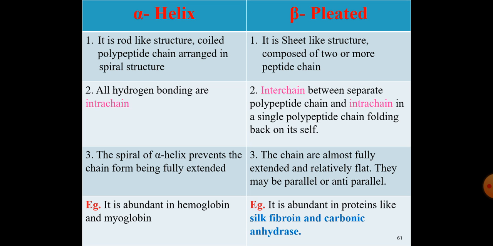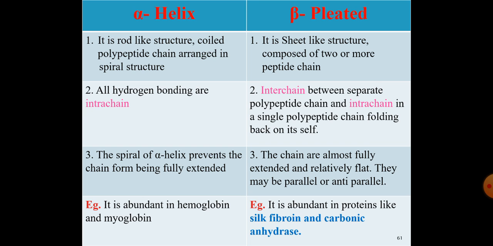There is another difference: spiral or helix. The alpha helix prevents the chain from being fully extended, while in the pleated sheet the chains are already extended and relatively flat. The last one: the alpha helix is abundant in hemoglobin and myoglobin, and we know that hemoglobin and myoglobin carry oxygen.